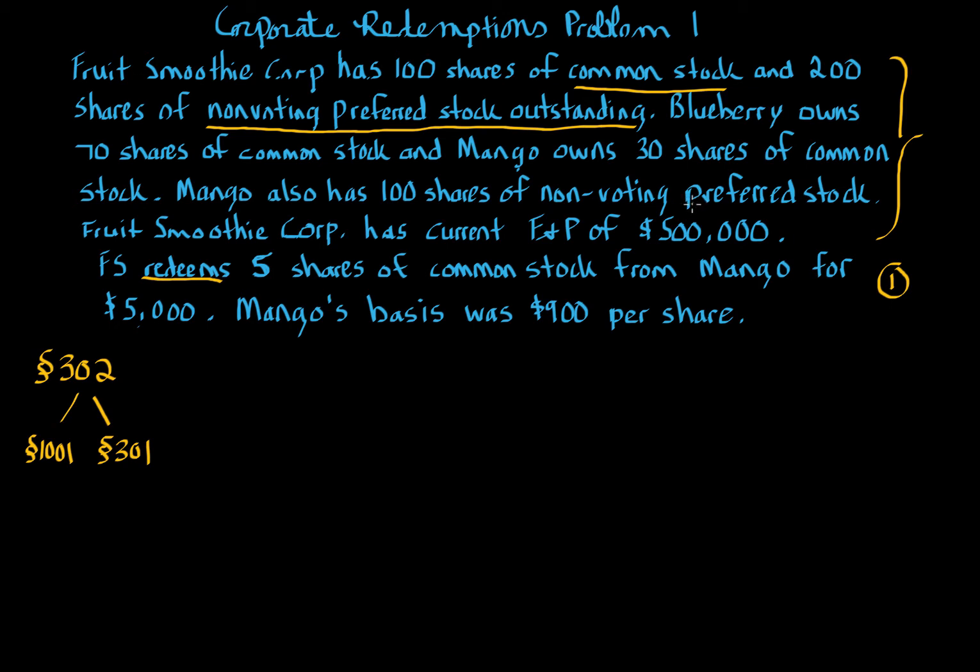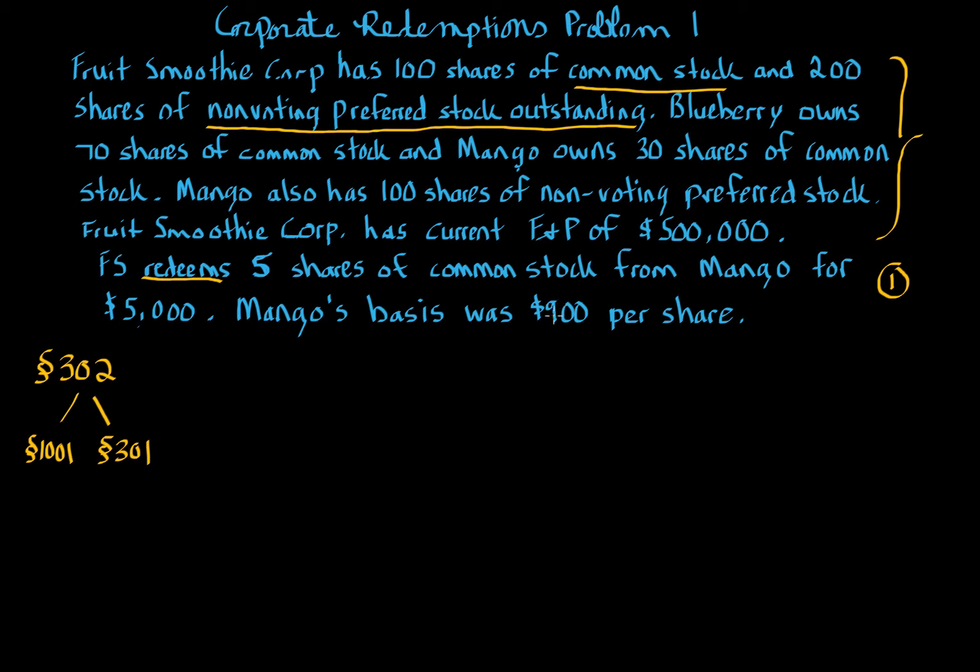Okay? So here, we're going to see in all 4 variations that after the redemption, the shareholder, here Mango, and you're going to see later Blueberry, still has direct ownership. So complete termination is never going to be an option because you have to have all direct and indirect ownership relinquished. Again, with the exception that you can also use the family attribution rule waiver.